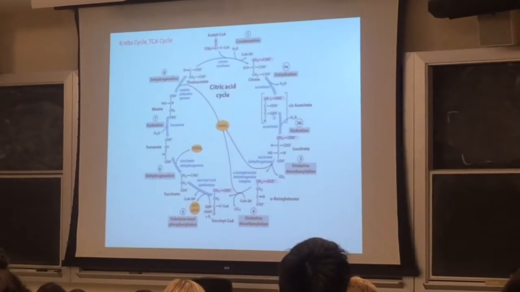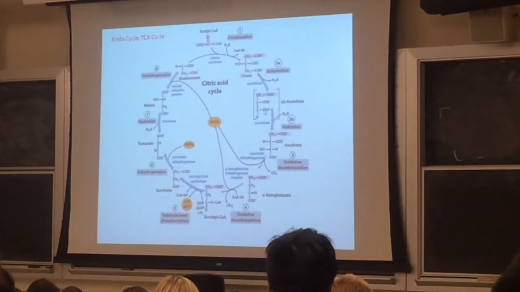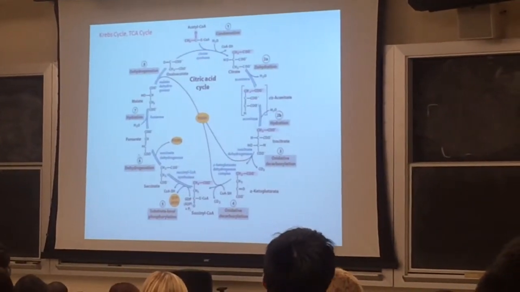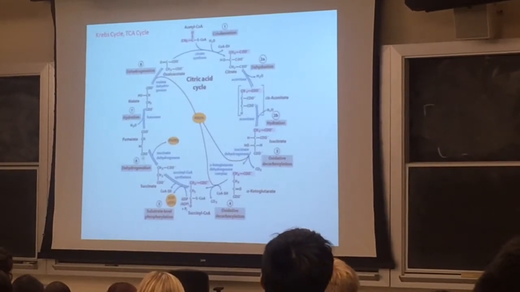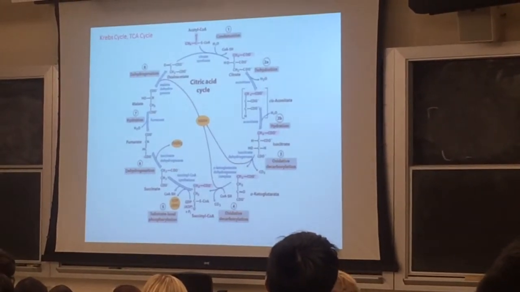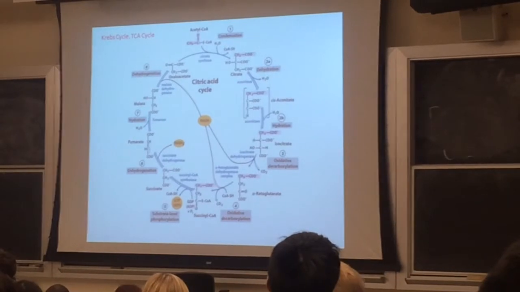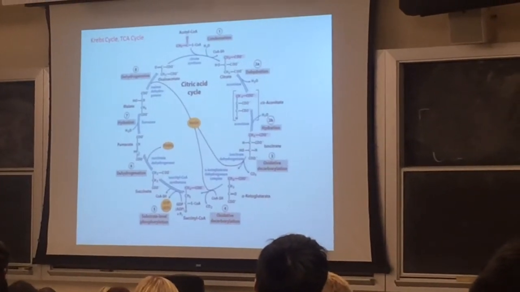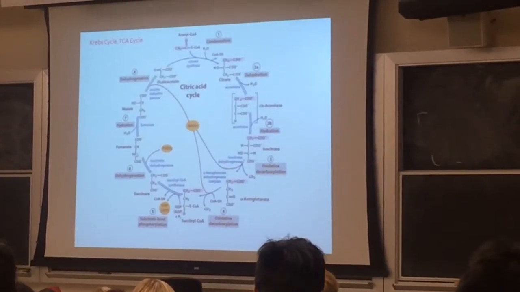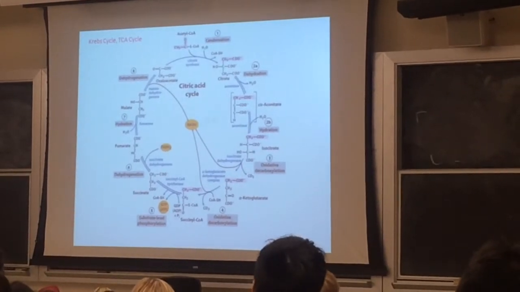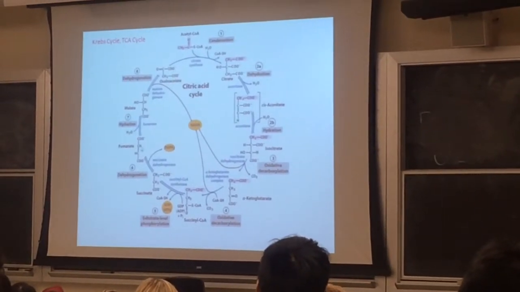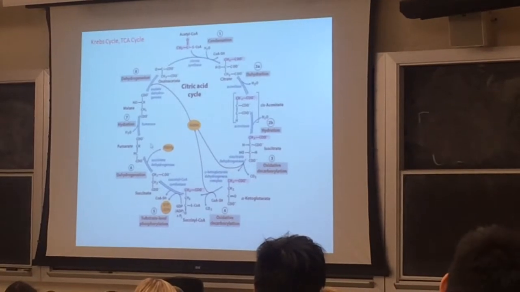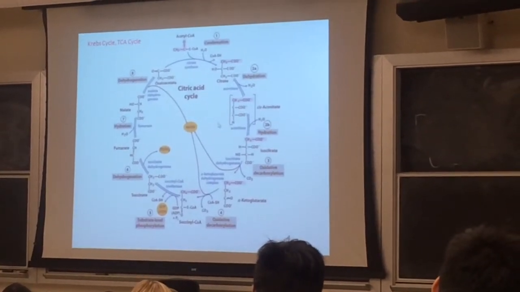And then a different water comes in, because over here, when succinate gets made into fumarate, you form a trans double bond. So this cycle has 2 double bonds. The first one is cis, the second one is trans. The geometry matters to these enzymes. They're very stereospecific.